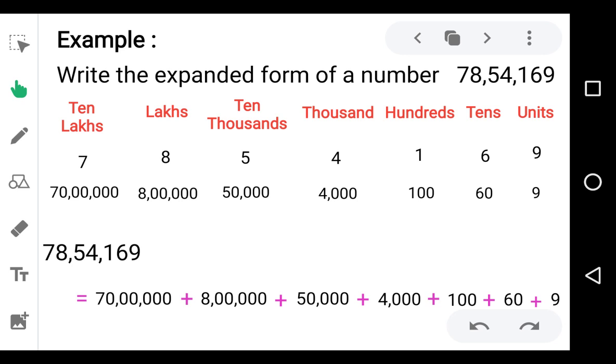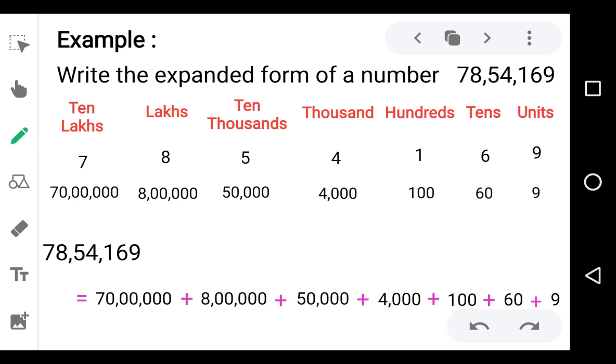Whenever we write the expanded form, there is a confusion or students make a mistake while writing a place value, that is, how many zeros we have to write after the digit. So we will understand how many zeros we have to put.